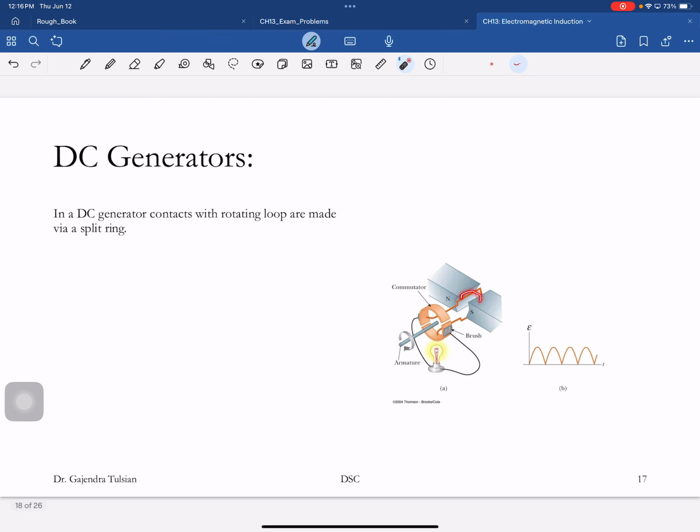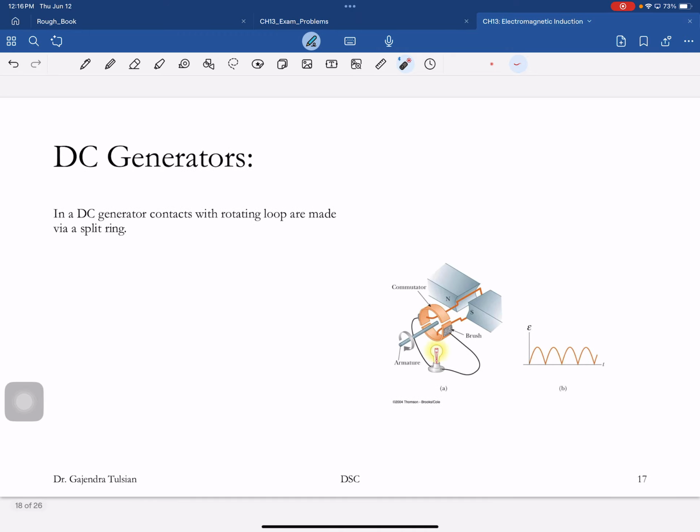If you connect that wire using a split ring, the voltage you see is that. Okay. So this is a DC generator. Now there are ways of smoothing out this waveform, and we'll talk about that a couple of chapters later.